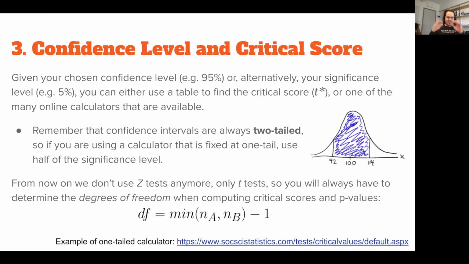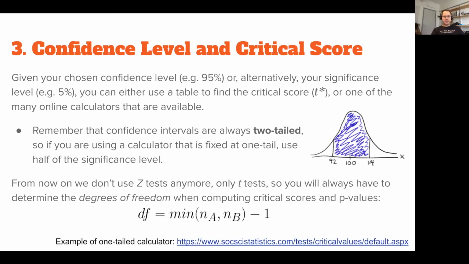We're taking the minimum degrees of freedom that we can possibly have. Probably you could find a more accurate number of degrees of freedom with a more complicated formula, but to keep it simple and still be on the safe side, we're going to use this formula for the degrees of freedom.